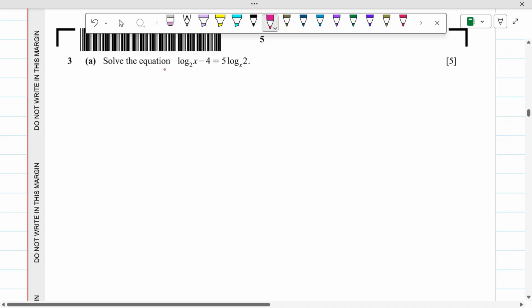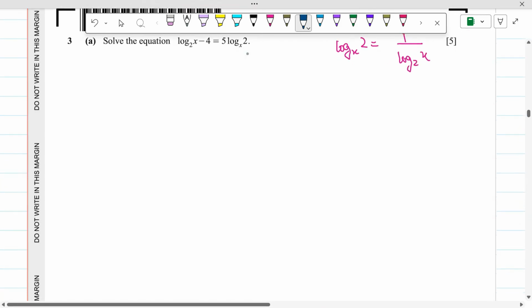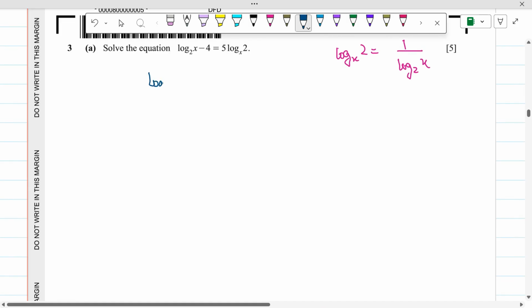Question number 3, solve the equation log base 2x minus 4 is equal to 5 log base x2. We know that log base x2 is equal to 1 over log base 2x. So we have log base 2x minus 4 is equal to 5.